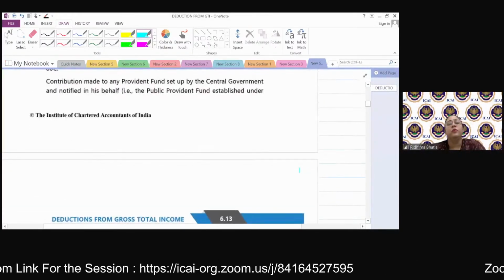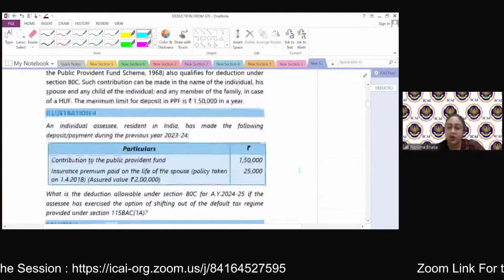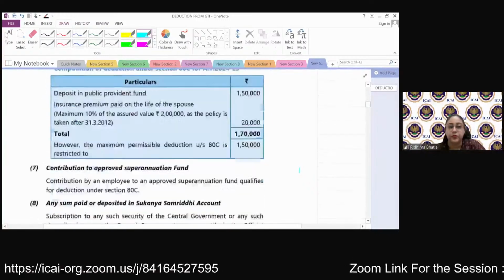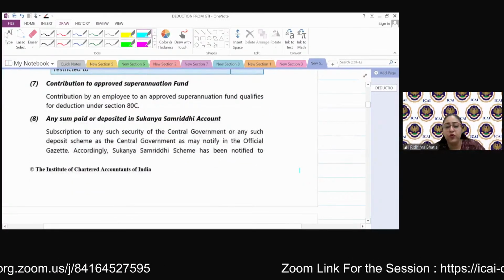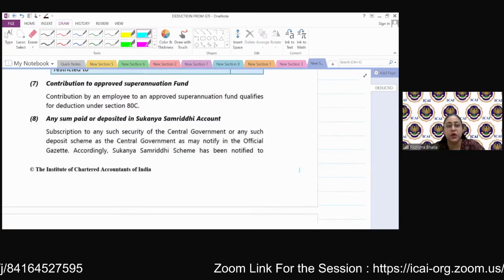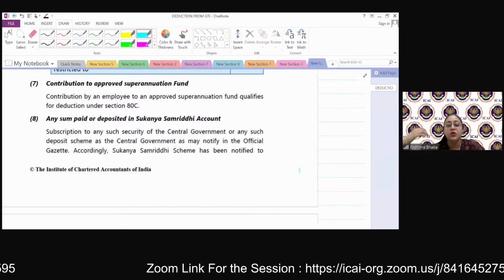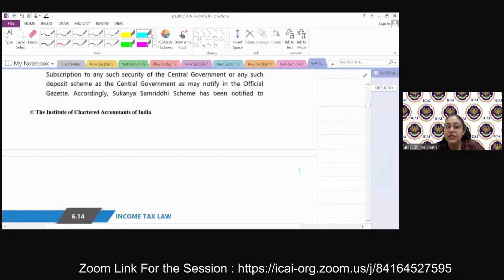Not only can I make a contribution to a public provident fund for myself, I can open the PPF in the name of my spouse and children also. Approved superannuation fund also, from the standpoint of the assessee, you have to take care of. Sukanya Samriddhi account: I will open a Sukanya Samriddhi account not for myself but for my daughter. If I open the Sukanya Samriddhi account for my daughter, I'll get the deduction in this.